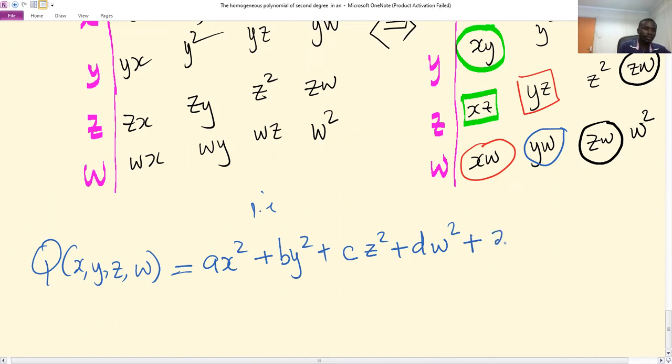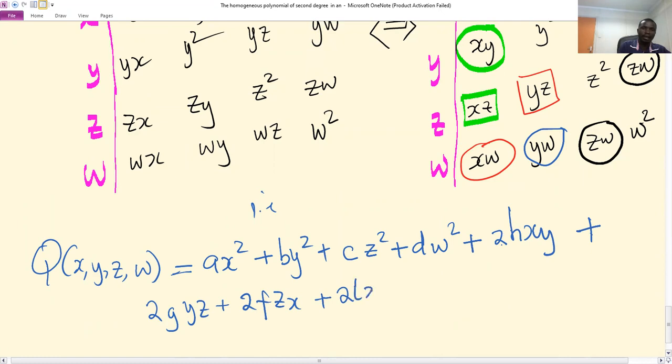So that's why we have 2h xy. So this is a scalar, and then these 2 because there are 2 of them, plus 2g yz plus 2f zx plus 2l xw plus 2m yw and then plus 2n zw. So that explains where those twos are coming from.